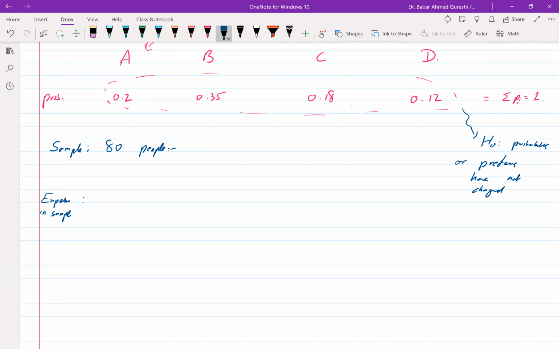So it's simply, this is 80 times 0.2, which is 16.